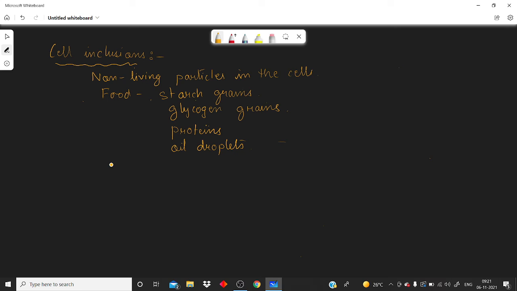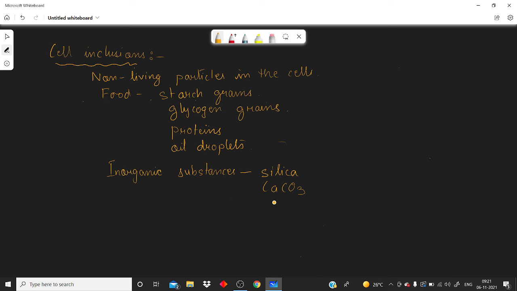Then we will find certain inorganic substances such as silica. In grass, we find a lot of silica present as a cell inclusion within the cell, especially the epidermal cells. And then there can be calcium carbonate. In the epidermal cells of bitter gourd, we find calcium carbonate.